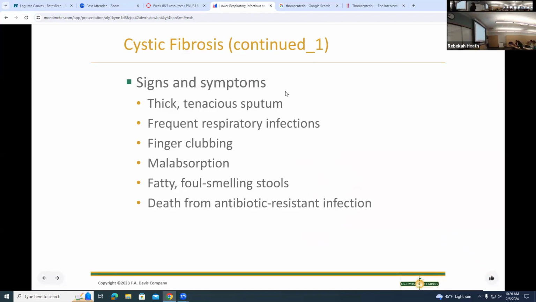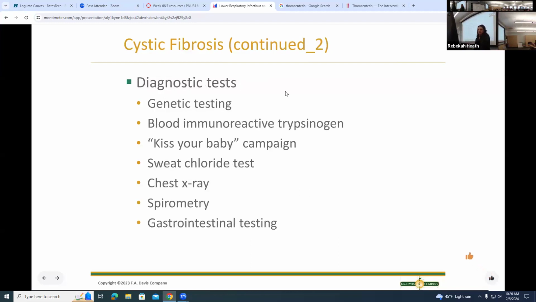They're going to have this fatty, foul-smelling stool because they don't have those pancreatic enzymes that help break down the fats and other things. They often can get infections. Oftentimes it's getting better, but a lot of times these kids are in the hospital so much, they could develop antimicrobial resistant infections, and there could be death from that.